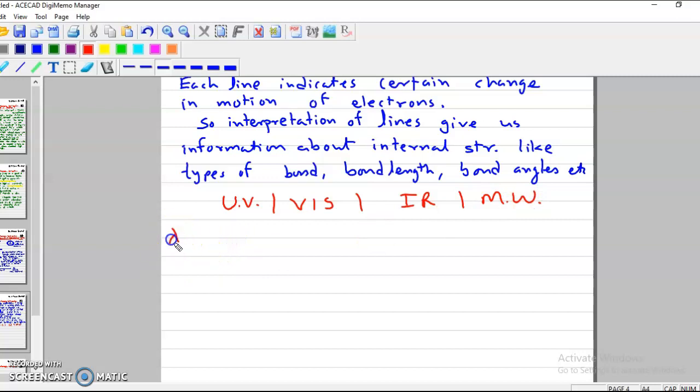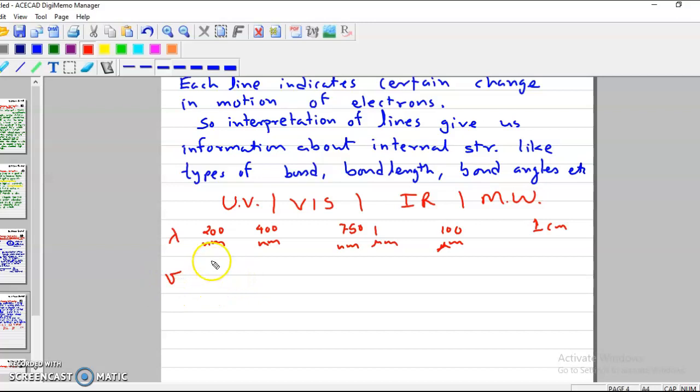If we see the wavelength of these radiations, then UV begins at 200 nanometer up to 400 nanometer. Then visible light is from 400 to 750 nanometer. Then from 1 micrometer to 100 micrometer will be infrared of different regions, and up to 1 centimeter we have microwaves. So wavelength increases from UV visible to microwave.